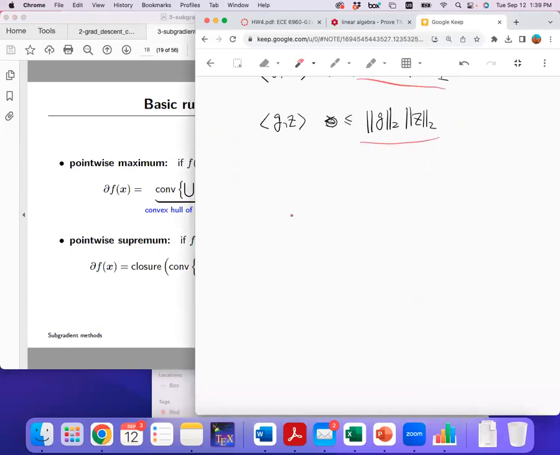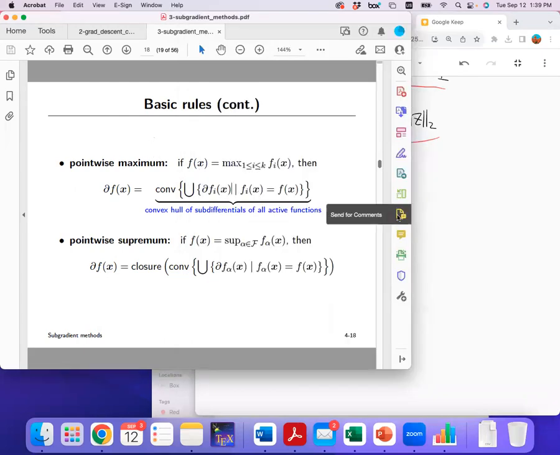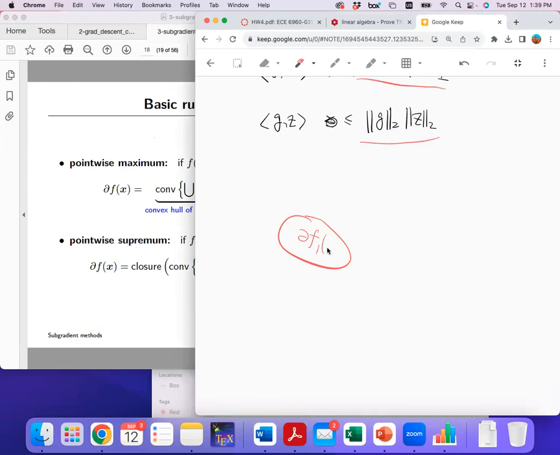For example, this could be the subdifferential of f1(x), the set of subdifferentials of f1(x). This could be f4(x). Suppose f1 and f4 are active at x.